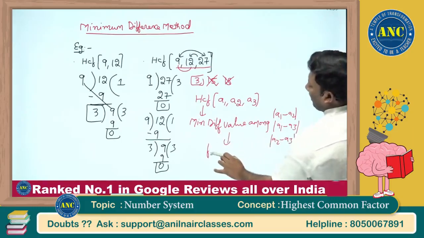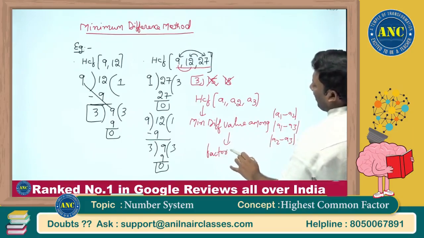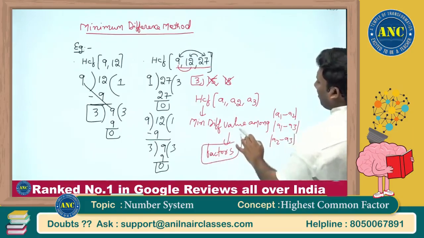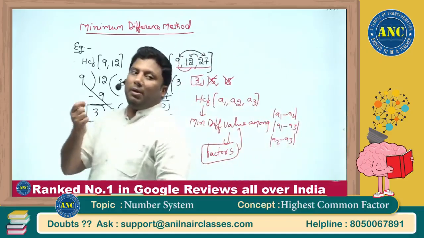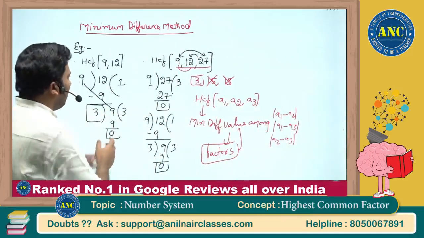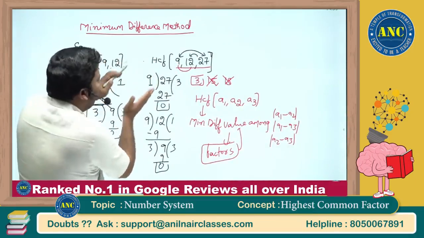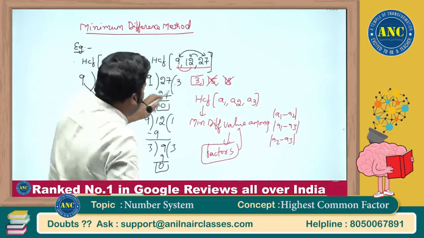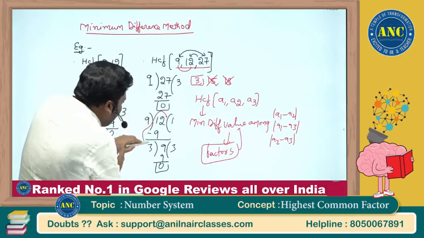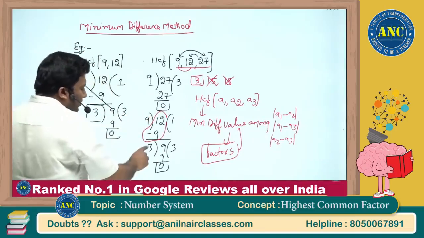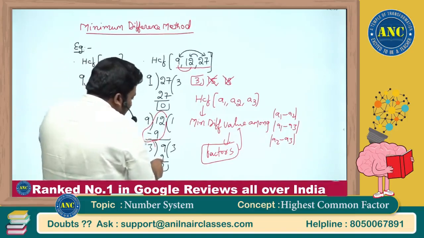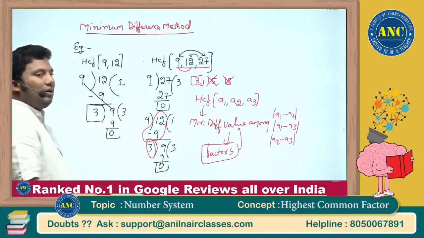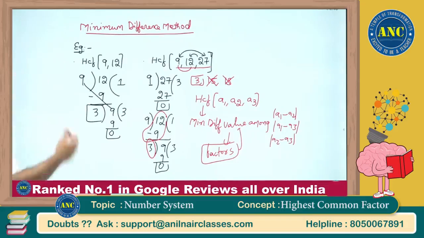Then apply the factors to that minimum difference value. The answer is nothing but a factor of the minimum difference. The second example will give clarity. For 9, 12, 27, the final answer I got is because of 12 minus 9. Wherever the remainder is 0, this will become a factor. I hope the idea is clear.